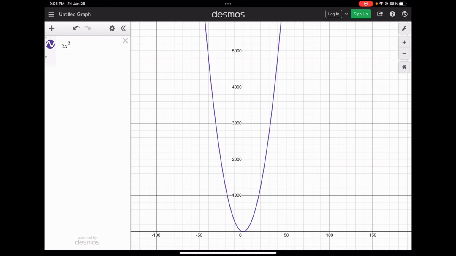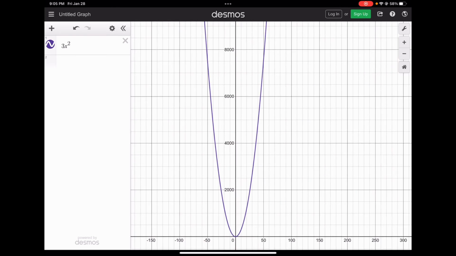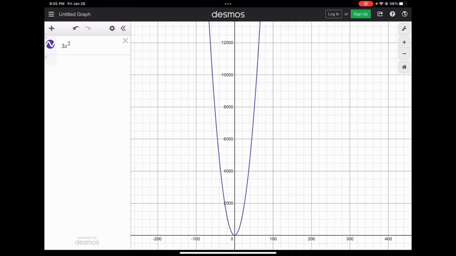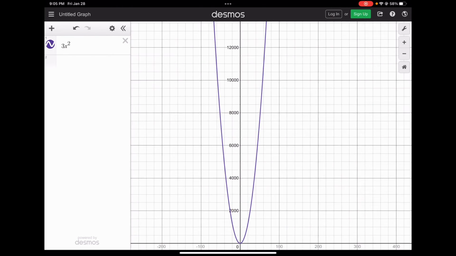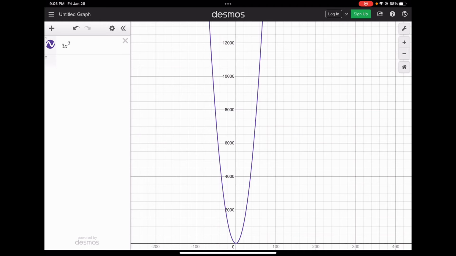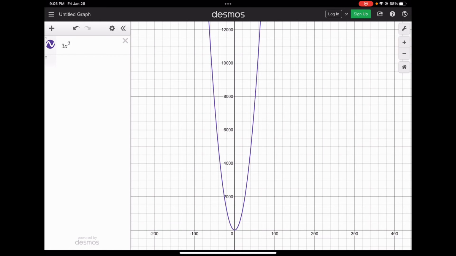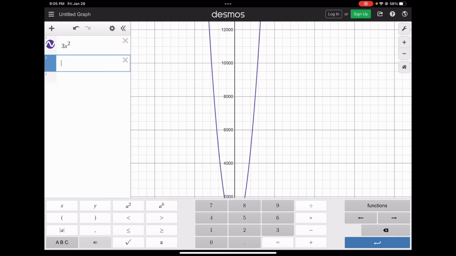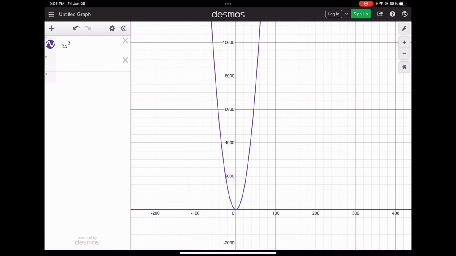We're not really going to pay attention to the part of the parabola that's before 0 because remember, our x is time, and so we're starting at 0. So we're really only looking at the positive side of this. We can draw some other lines though.